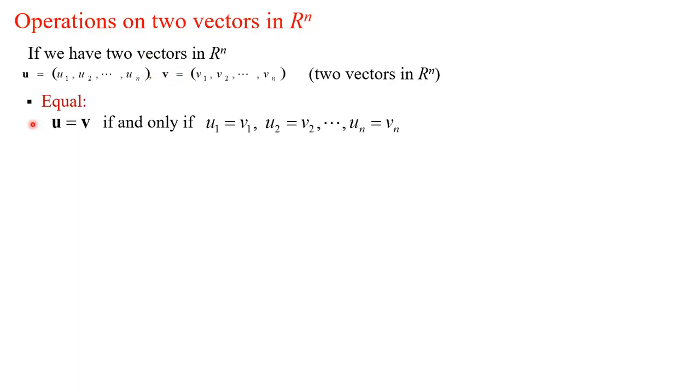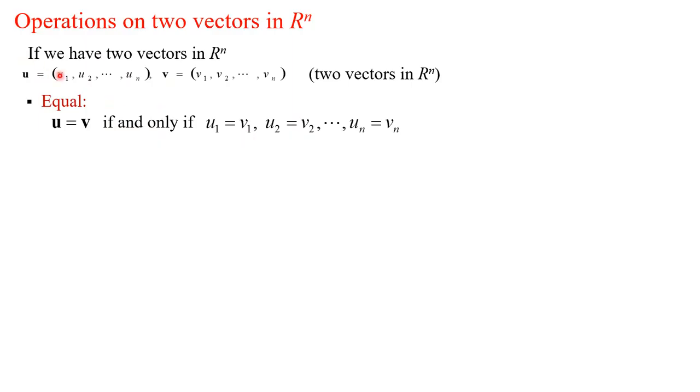First, this is not an operation, this is just a definition: equality of two vectors, when two vectors will be equal. Suppose this is u and this is v. So u is equal to v if and only if every component is equal to its corresponding component.